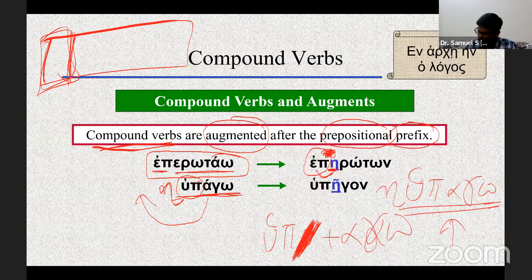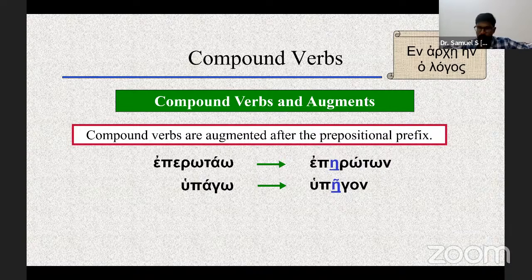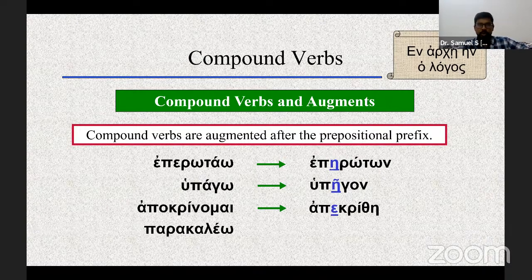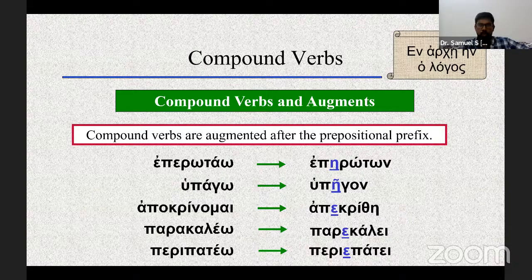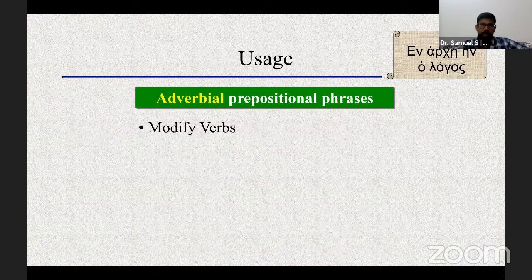You don't add the augment here. Why? Because you know this is a compound verb. You add it after the preposition. You add it here. Hupagon. Remember the on ending in the imperfect tense form. Augment is added after the prepositional prefix. Some other examples, you can look at that. But the same thing always, right? Augment is added after the prepositional prefix.